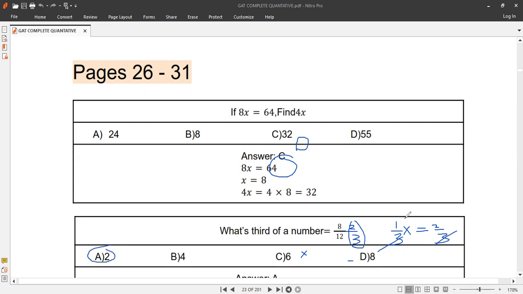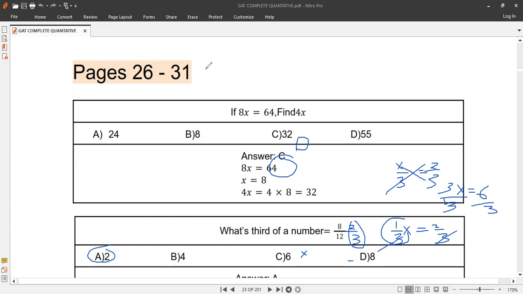Or if you want, consider this as x over 3 equals 2 out of 3. Now we do cross multiplication. So 3x equals 6. By the end of the day, you will have x equals 2 when you divide both sides by 3.